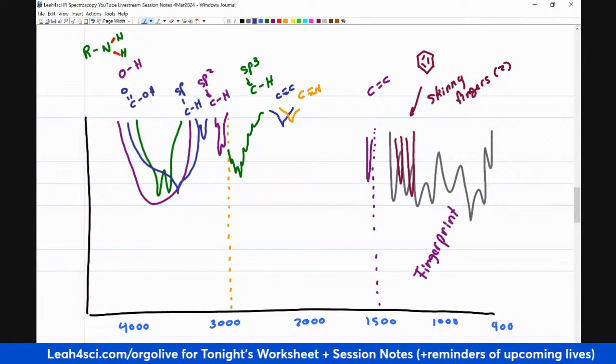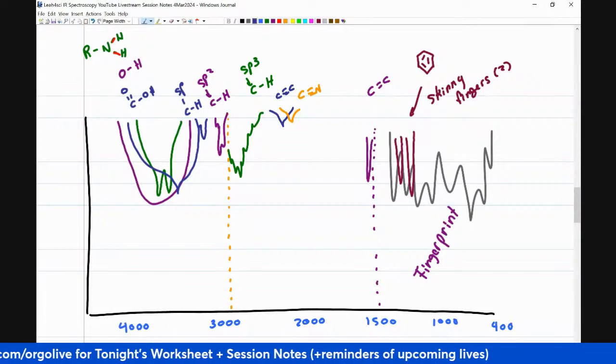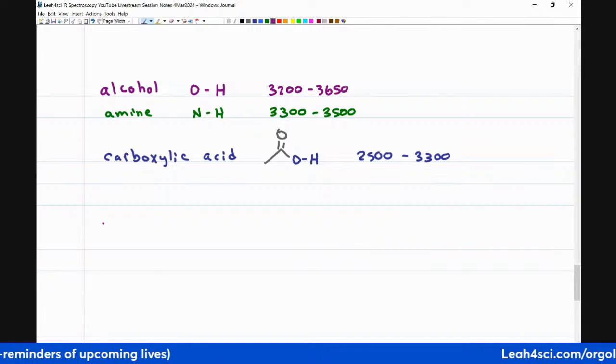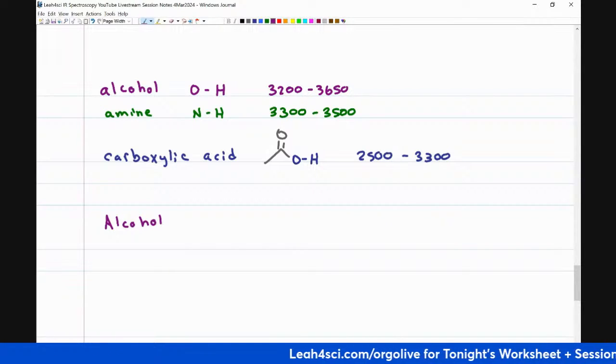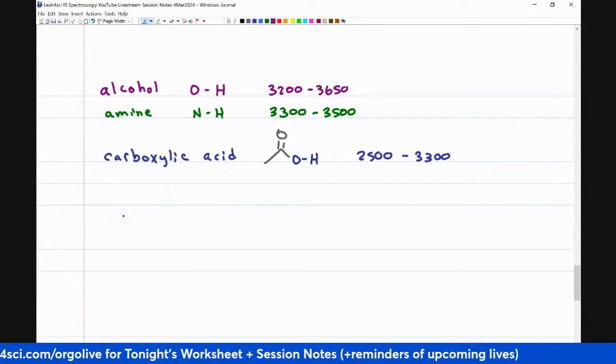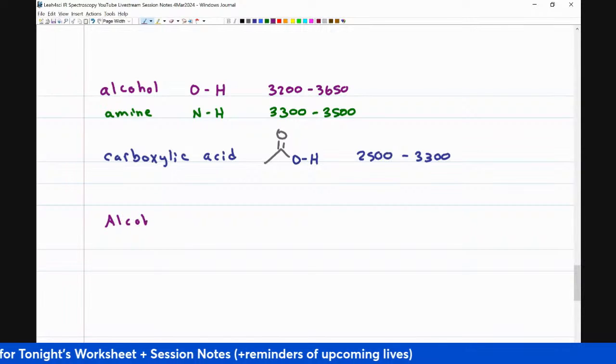What else would these functional groups have? If we have an alcohol and we looked at just the O to the H, let's go back to the alcohol and see what else we expect to find on the molecule. The C to O, and I should take out alcohol because what other functional group will have a C single bound to an O?